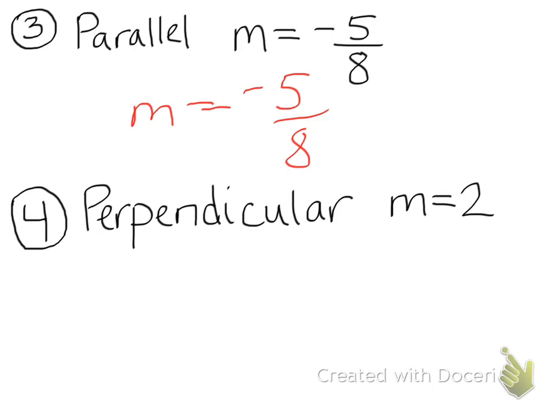And then for number 4, slope of a line that's perpendicular, we have a slope of 2, so we want it to be opposite reciprocal, so we want opposite sign, which would be negative, and then we want to flip the fraction. So instead of 2/1, we're going to flip it so it's -1/2.